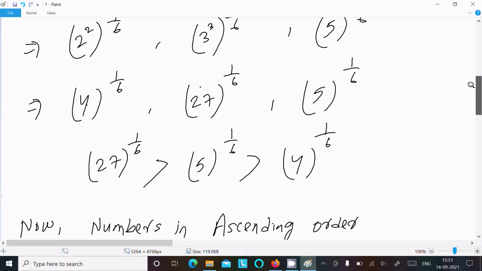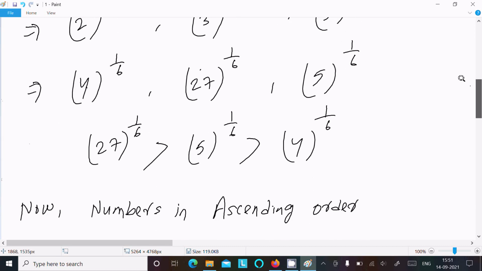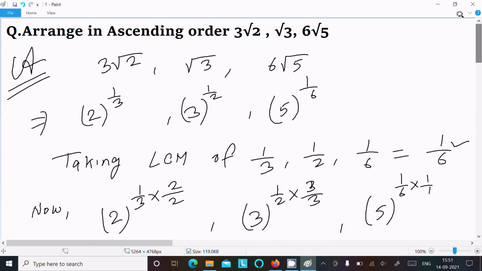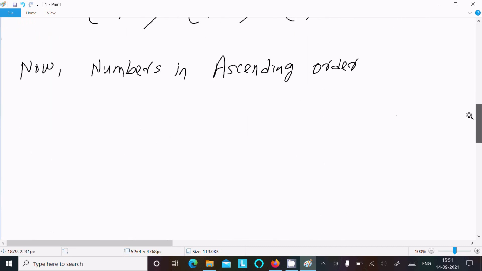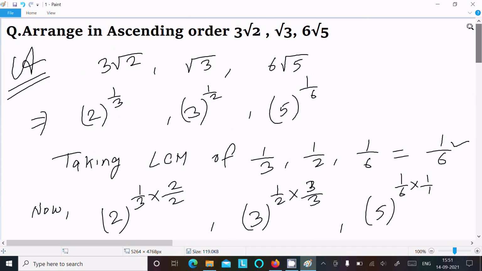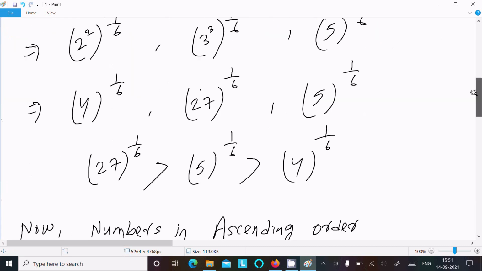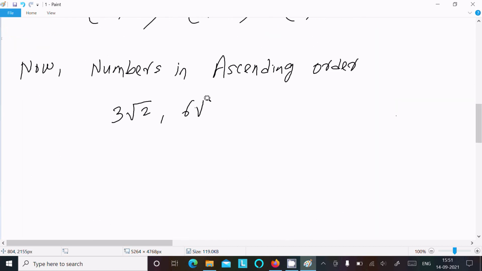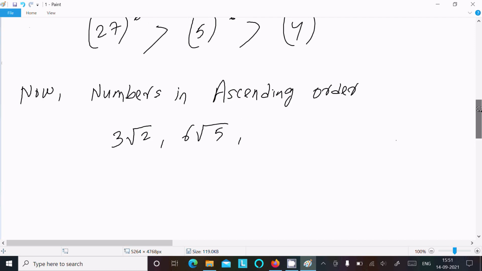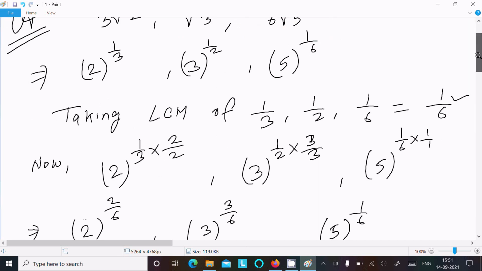So the first term is cube root of 2, next is sixth root of 5, and after that root 3.